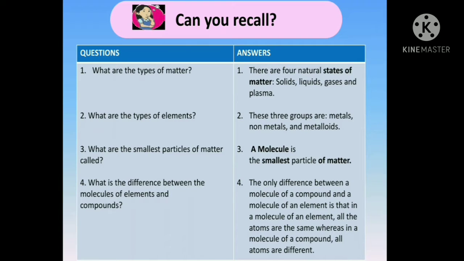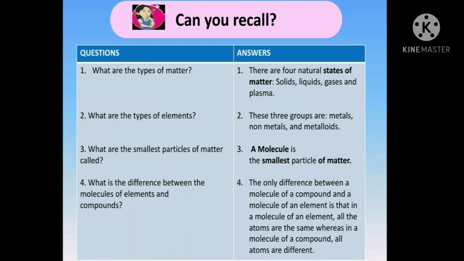Second question, what are the types of elements? Basically, elements are the pure atoms. These 3 groups of the elements are metals, non-metals, and metalloids.